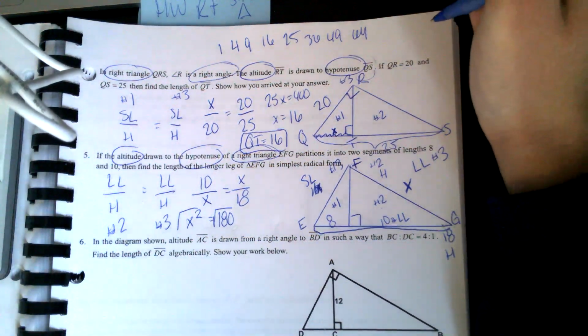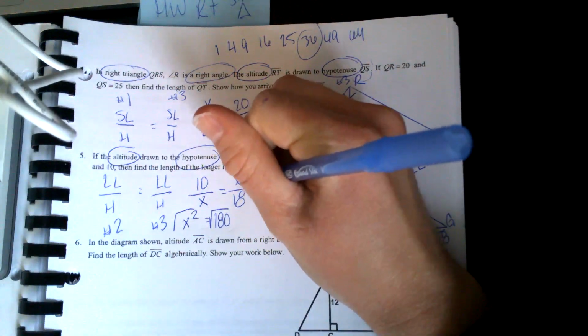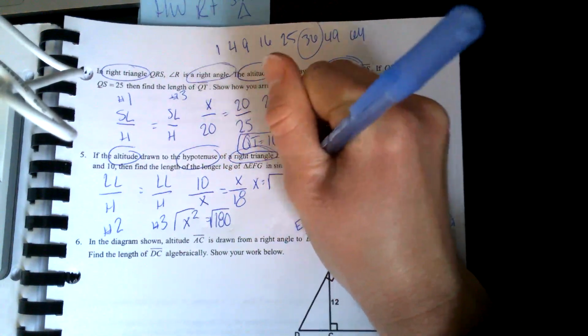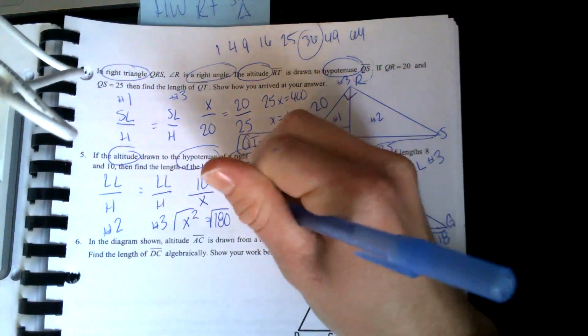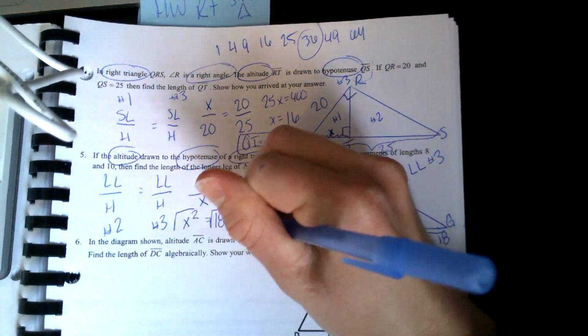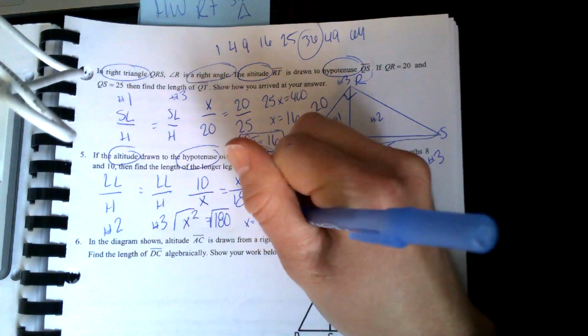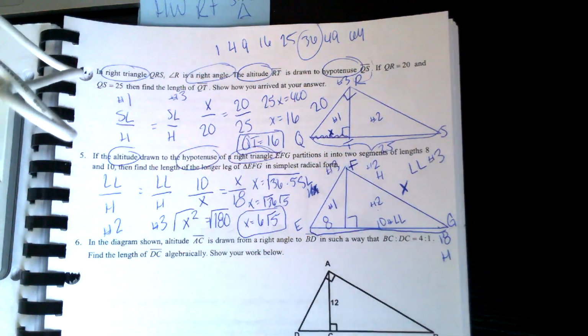All right, so I believe 36 goes into 180 5 times. So the square root of 36 is 6, square root of 5, and that is my answer.